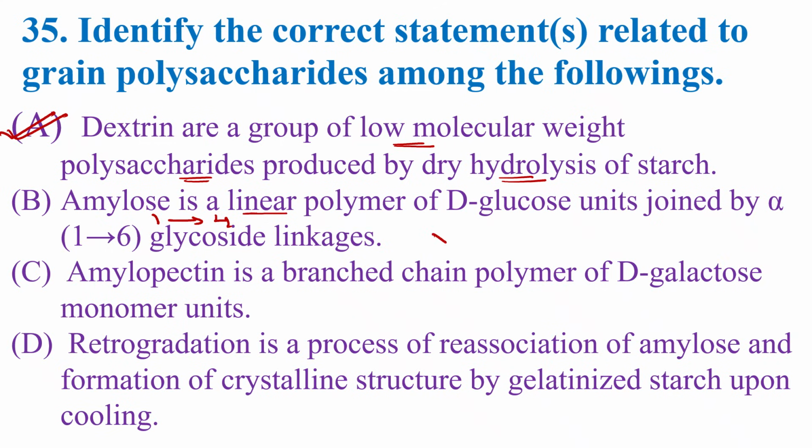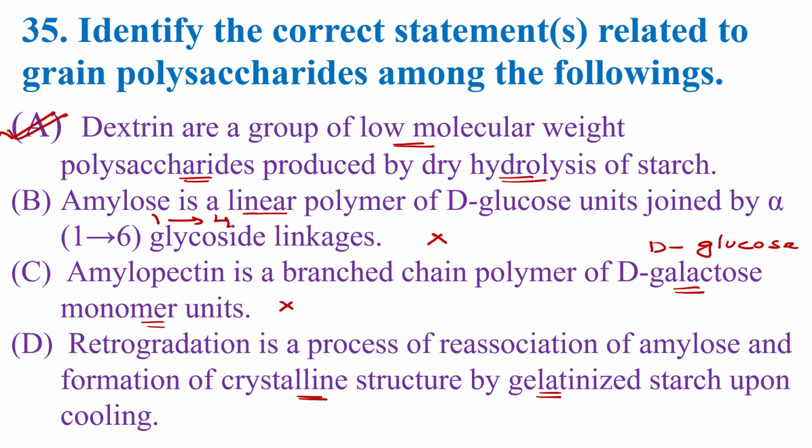Next, amylopectin is a branched chain polymer of galactose monomer units. So this is again incorrect, since amylopectin is made of D-glucose, not galactose. Option number D, retrogradation, is a process of reassociation of amylose and formation of a crystalline structure by gelatinized starch upon cooling.